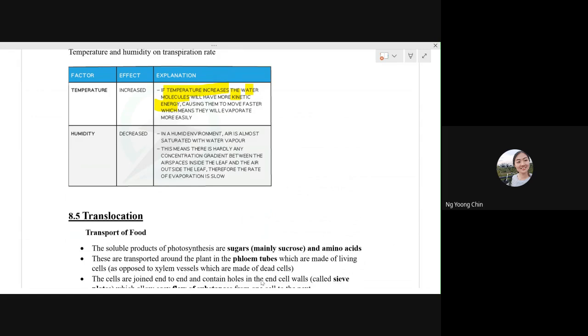More water will evaporate and become water vapor. Because they move faster, they will evaporate more easily. So temperature will increase the transpiration rate. This means that the transpiration rate is very high in the very hot season. Okay, hot weather will increase the transpiration rate.